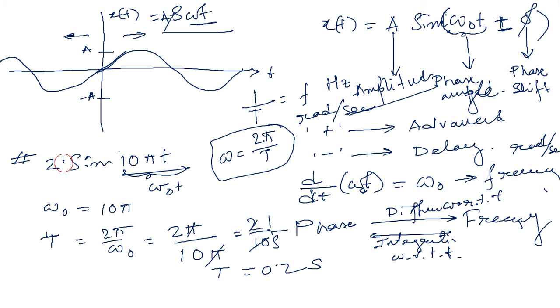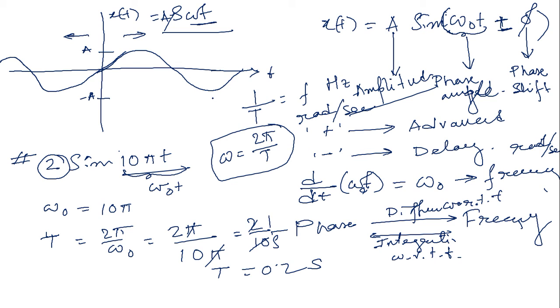Now if they have given you a phase angle with this signal, say x of t, one thing is that here 2 is the amplitude. So first thing, amplitude is not having any impact on the periodicity. I'm still not talking about the addition of a constant.